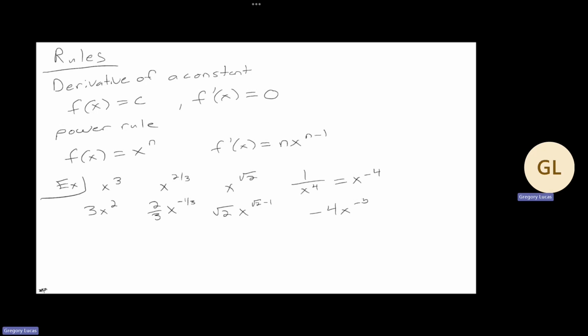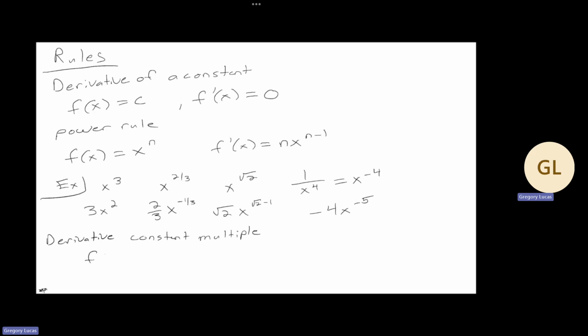Let's do one more rule on this slide. Let's say the derivative, and we call it the constant multiple rule. Okay?